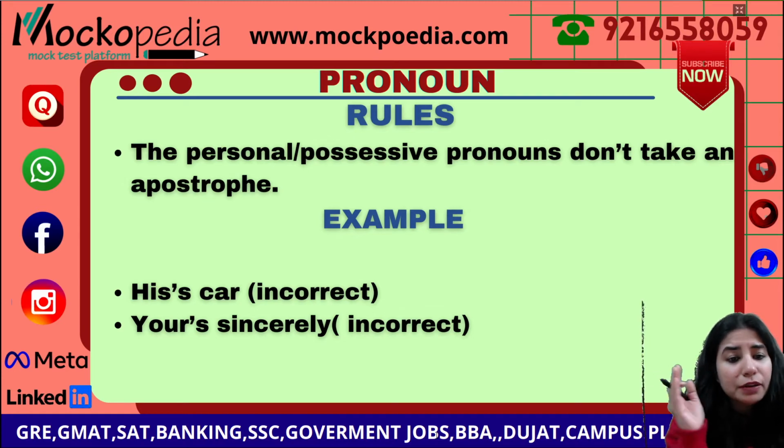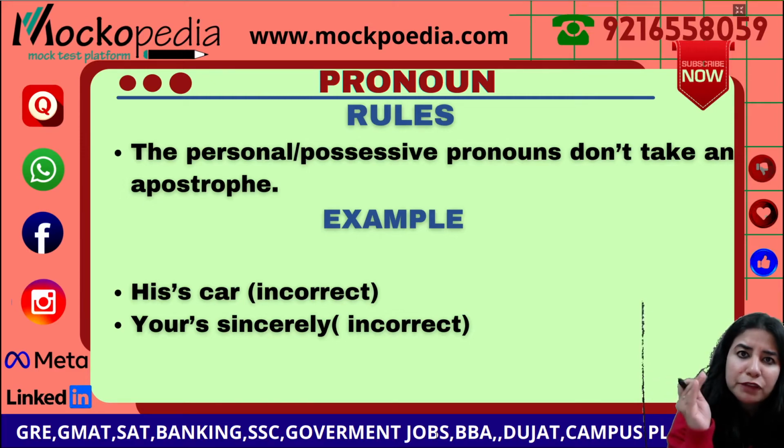Yours sincerely, this is a common mistake in letter writing that we usually see, that whenever we do the signature, we would write your's. And that's something we would not at all want to be included. So please pay attention to this, that whenever we are talking about possessive pronouns, an apostrophe is never used, right? So please be careful regarding this rule and don't make a mess, right? So please pen it down, and then we are going to move to the next slide.